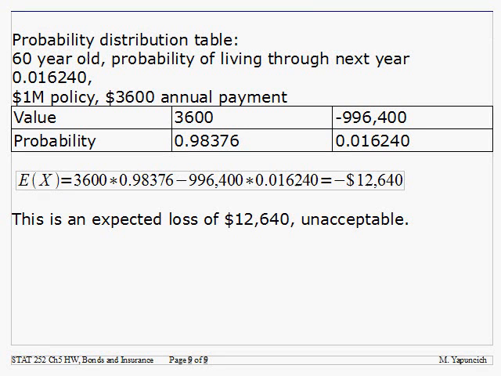Let's do the same problem, but this time we have a $1 million policy. The annual payment is $3,600, but let's say the person, instead of being 30 years old, is 60 years old. The probability of the person not living through the year at 60 is 0.016240.